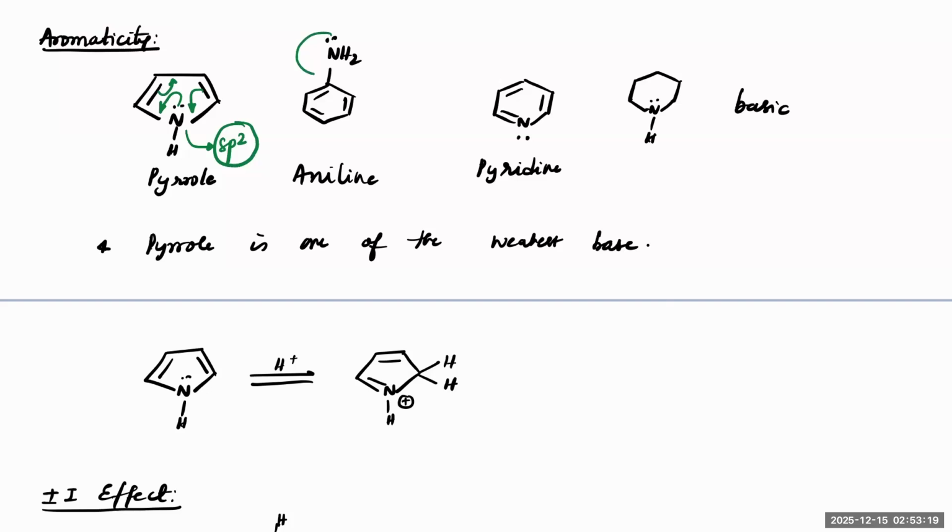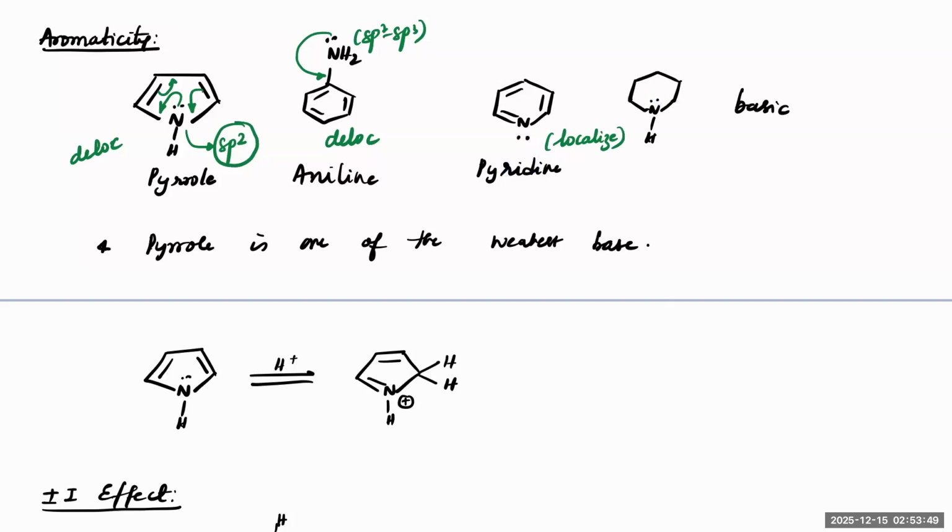Here there is a lone pair donation. So this will be somewhere between sp2 and sp3. And it is delocalized. This is delocalized. And this is highly delocalized. Okay. Third one, here also this is localized. So this is localized. Got it? Because in pyridine, this lone pair is not participating in anything.